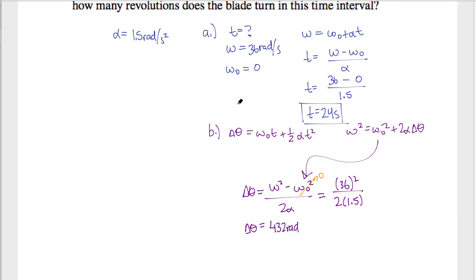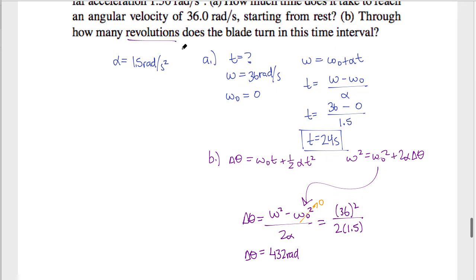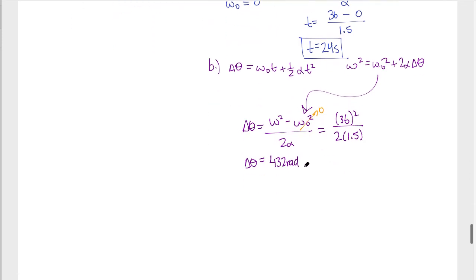The question asks how many revolutions the blade turns through, so since this angle is in radians, I need to convert radians to revolutions. One revolution is equivalent to 2 pi radians, right? One complete circuit of a circle is 2 pi radians. So my actual angle rotated through in revolutions is approximately 68.8 revolutions.